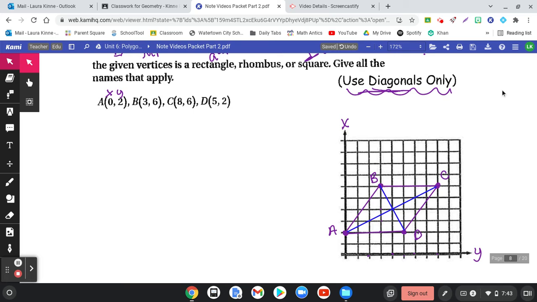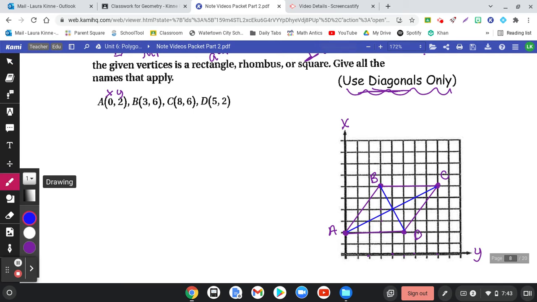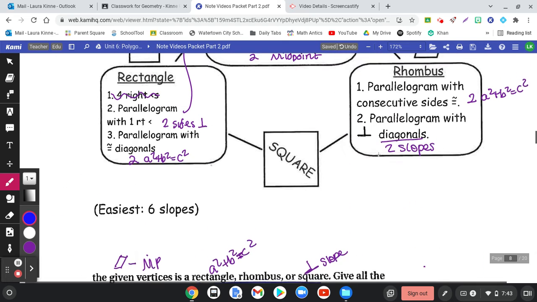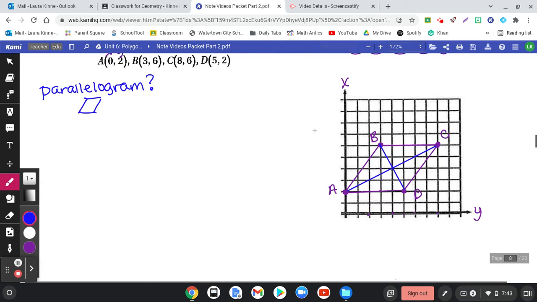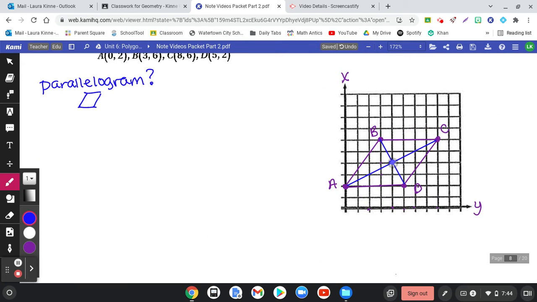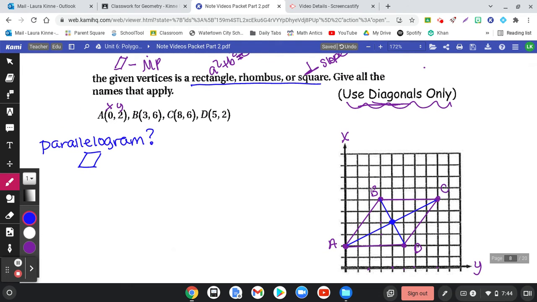Okay, so let's start with a parallelogram, because in order to be all of these, it has to be a parallelogram first. Remember the symbol for that looks like the parallel lines, just connect the top and bottom. Okay, so in order to be a parallelogram, let's go back up. We want to show that the diagonals bisect each other. So we want to show that the midpoints are the same. Can we just say that that's the midpoint? No, we want to use the formula.